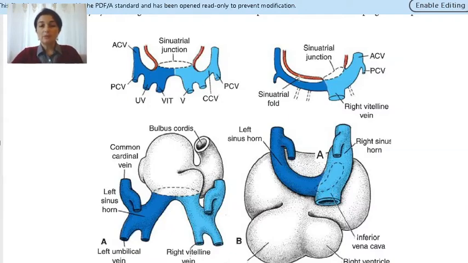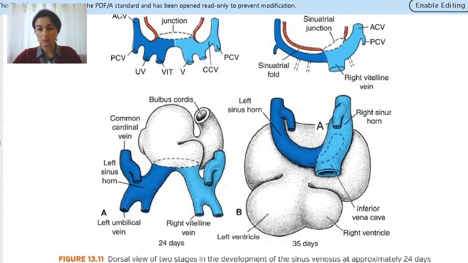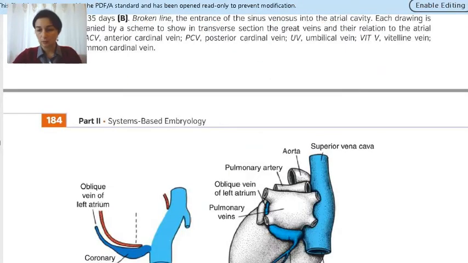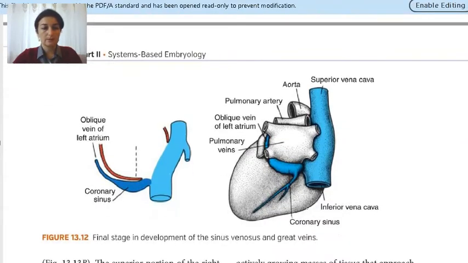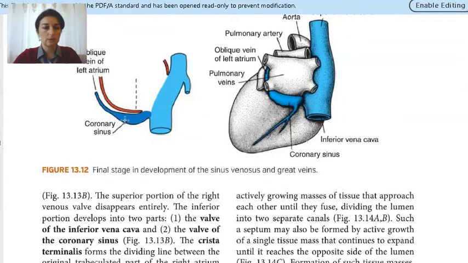And from the left sinus horn only this remains: the coronary sinus and the oblique vein of the left atrium.